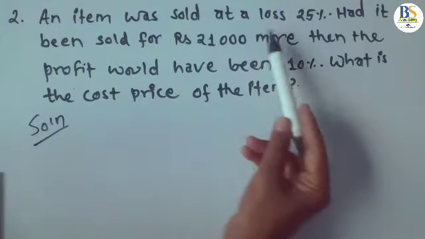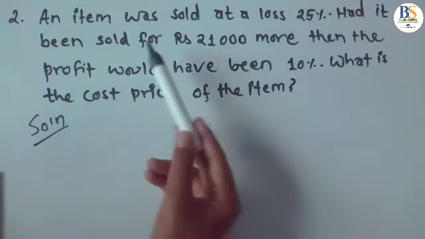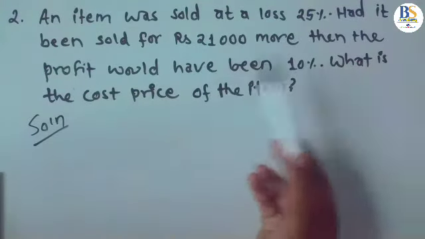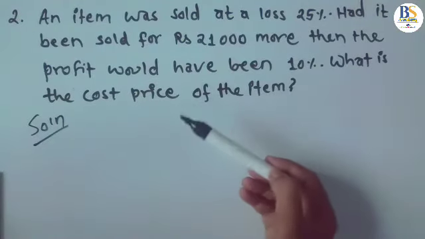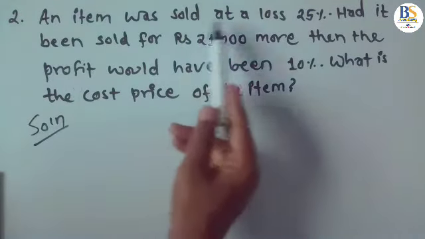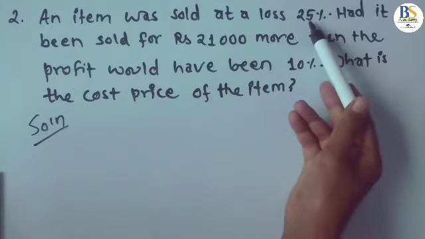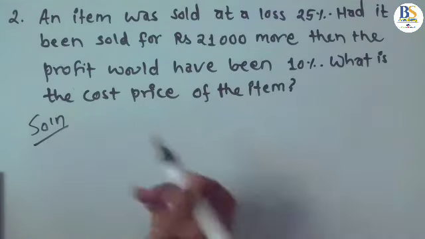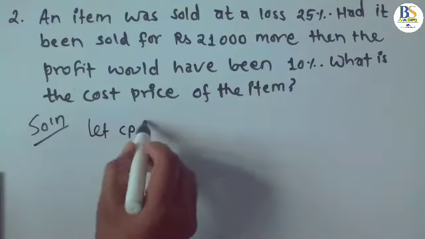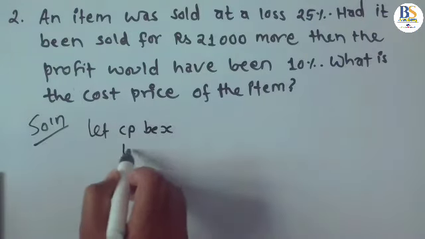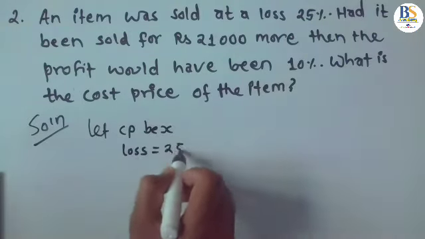Okay, question number 2. An item was sold at a loss of 25%. Had it been sold for Rs 21,000 more, then the profit would have been 10%. What is the cost price of the item? In this question, CP and SP is not given, but loss percentage is given. That means we can suppose CP or SP. Let CP be X and loss percent is 25%.